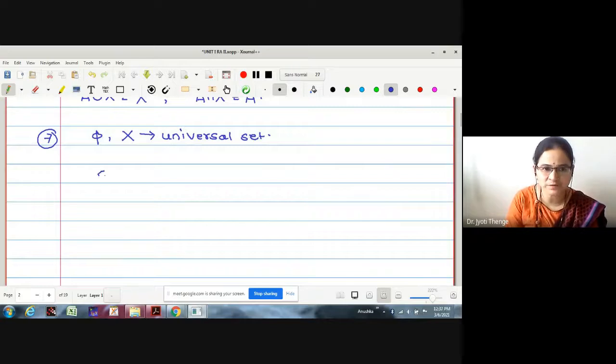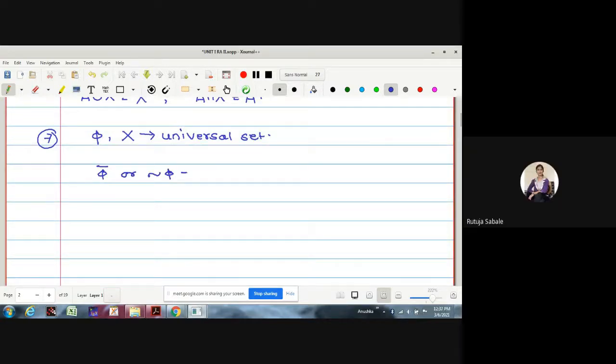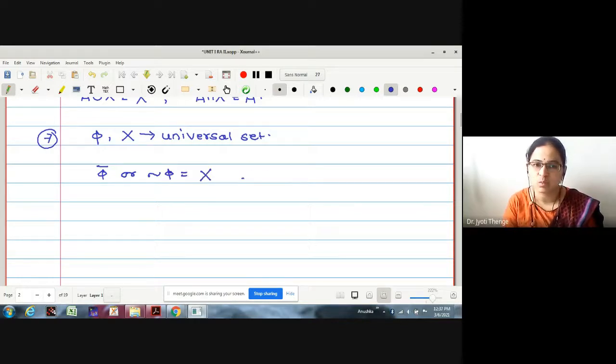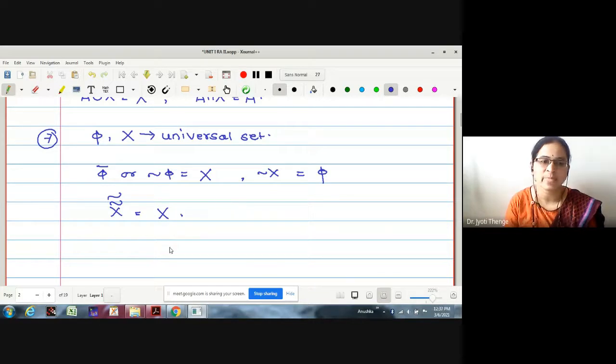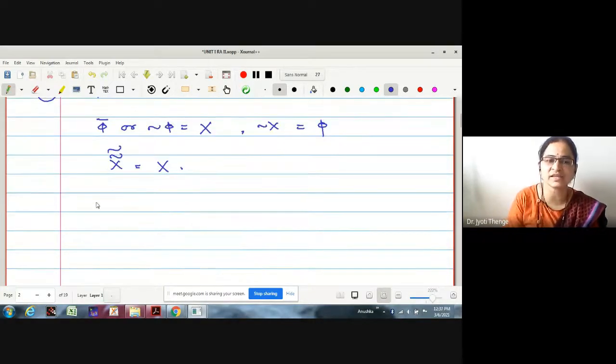Then what is phi complement? X. Yes, it is X. What is X complement? Phi. Okay. What about X double complement? X itself. Good. In case of a general set, what is A intersection A complement?